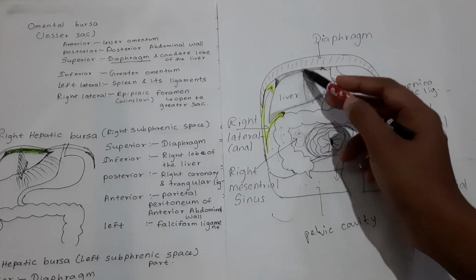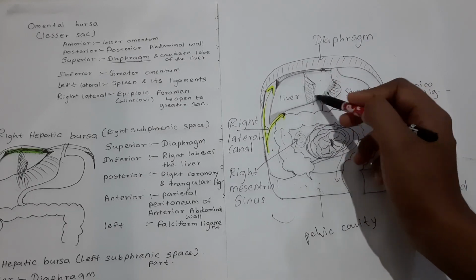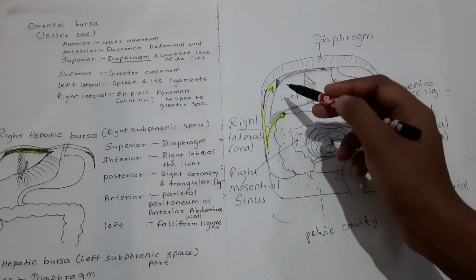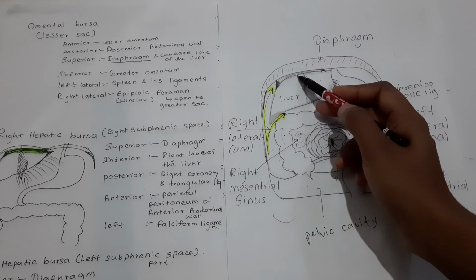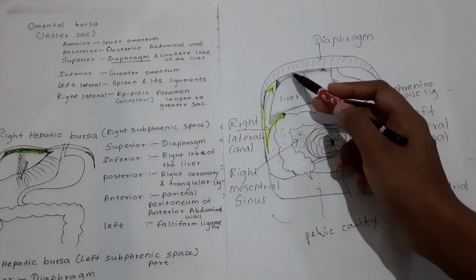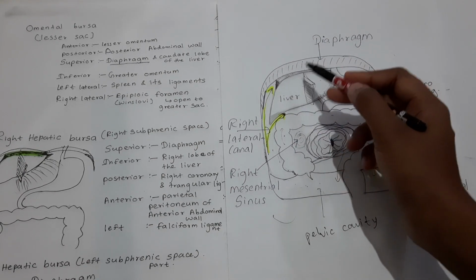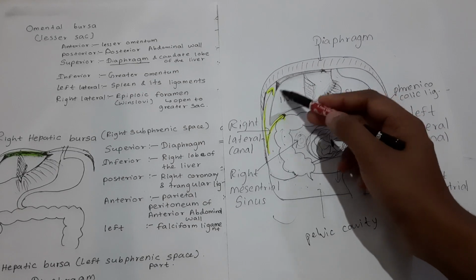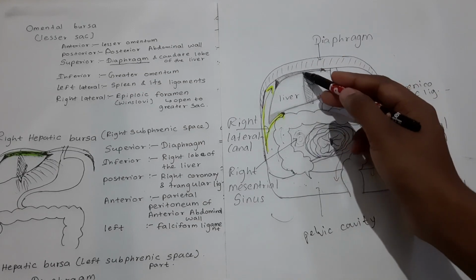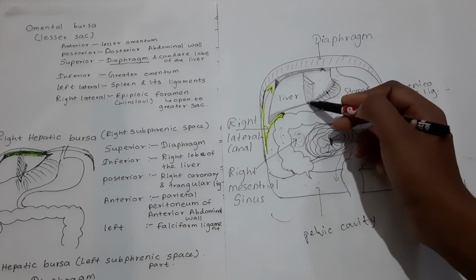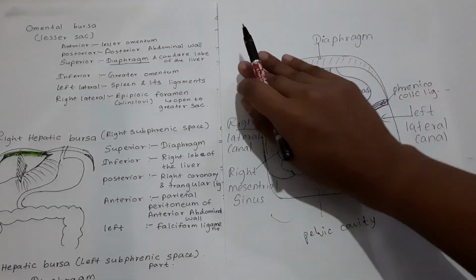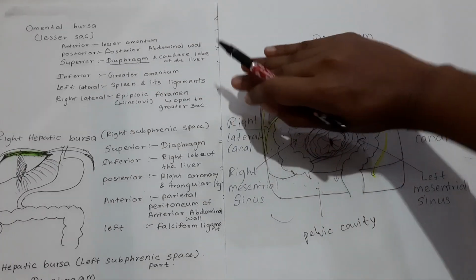It is in between the right and left lobes of the liver. So the posterior wall of the right hepatic bursa is the right triangular ligament and the coronary ligament. The inferior border is, as I told you, the right lobe of the liver, and the left border is the falciform ligament, and the anterior abdominal wall will be here.